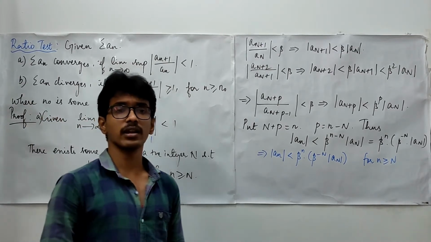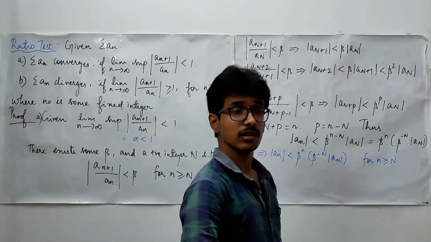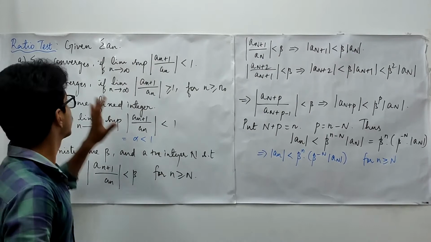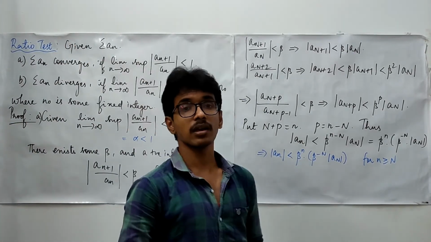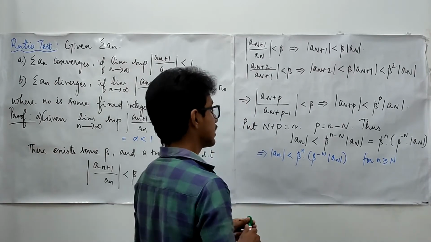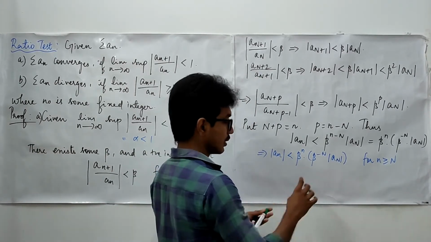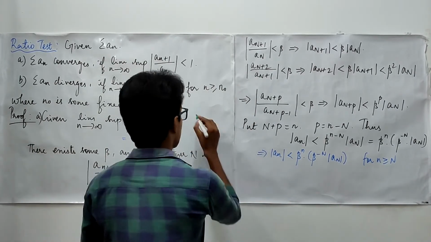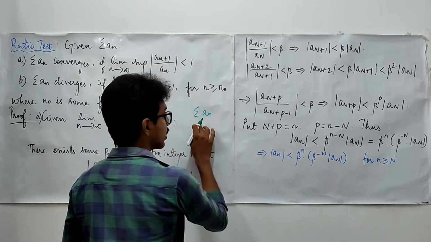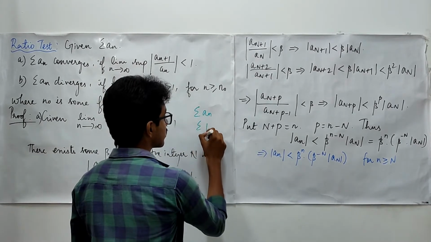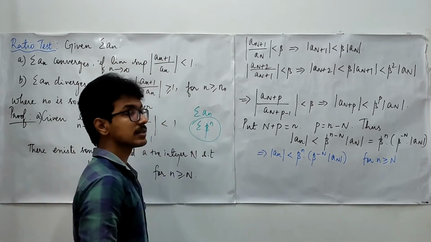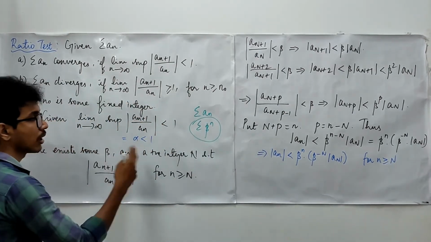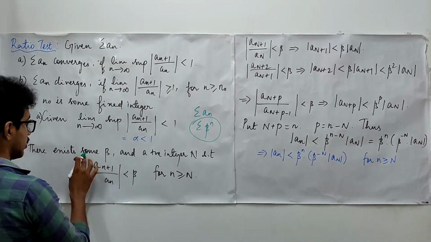Can we make use of any of the previous theorems that we have learned to say something about the convergence of this series? Yes, of course. We may make use of the comparison test. Just look at the two series, summation an and summation beta power n. We know this is convergent since the beta value lies between 0 and 1. Okay, there exists some beta.